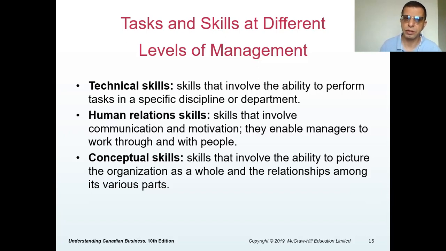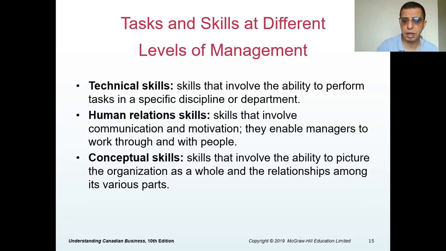In general, any manager should have a technical skill, which involves the ability to perform tasks in a specific discipline or department, human relation skills that communicate and motivate, enabling managers to work through and with people, and the conceptual skills, which involve the ability to see the future, to picture the organization as a whole and the relationship among the various parts.